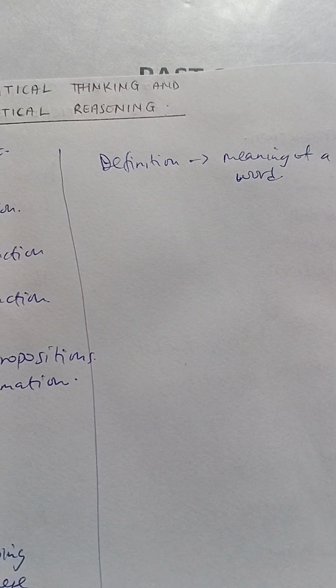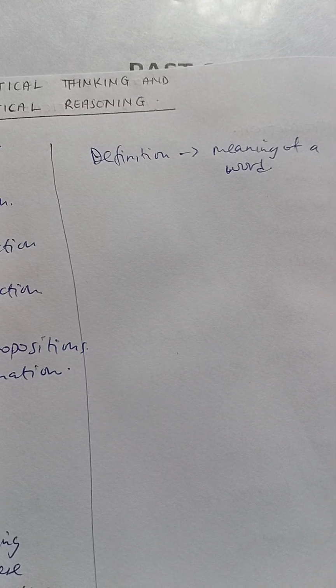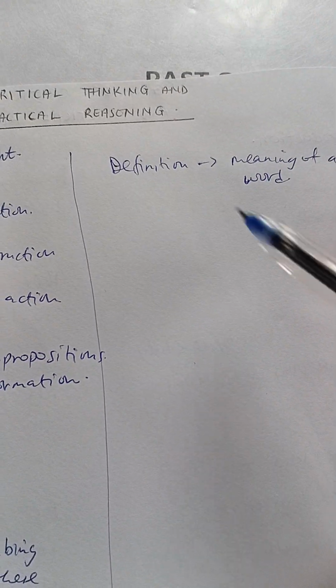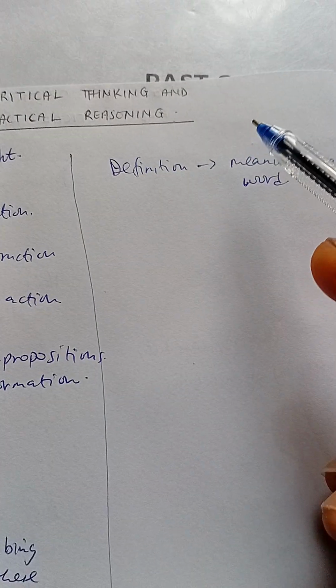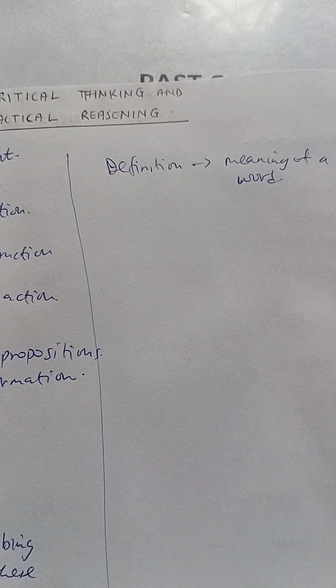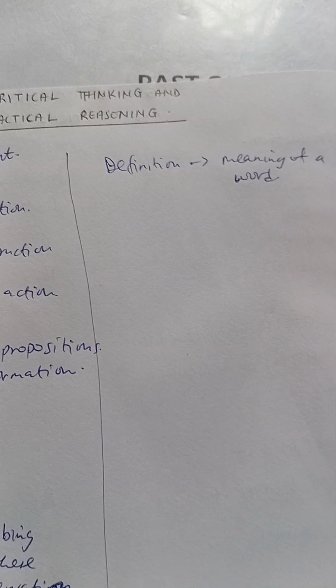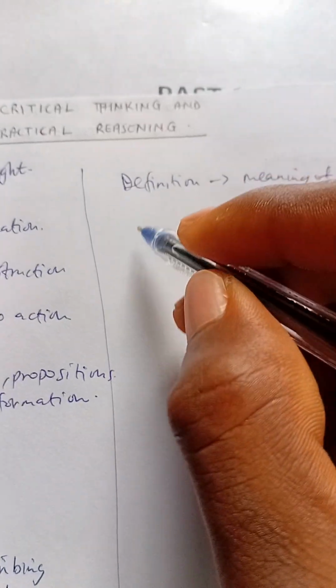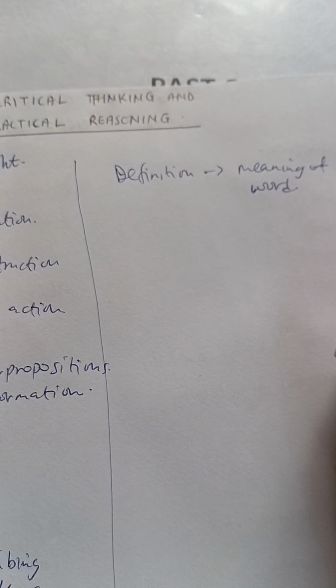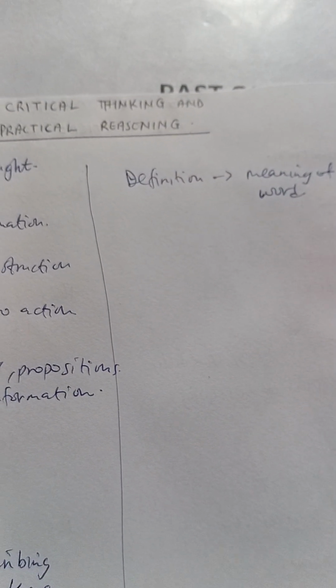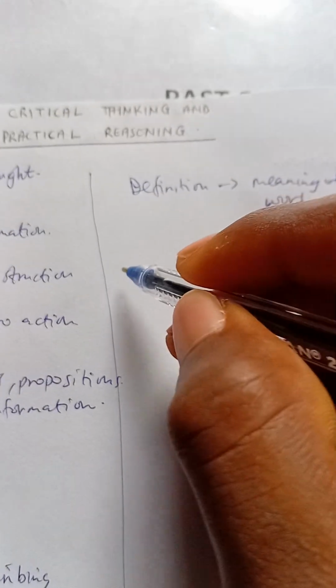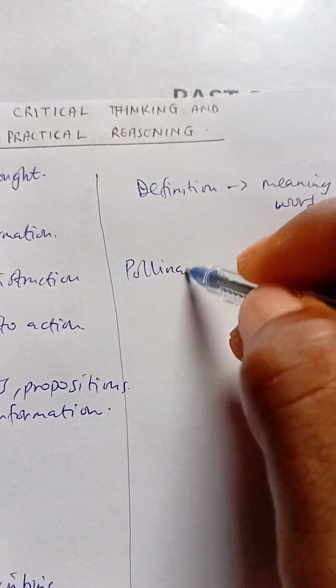Later we'll talk more about definitions, in unit 2. Now over here, we just want to look at the parts of a definition. We have two main parts of a definition. So let me give a definition, then we look at it.